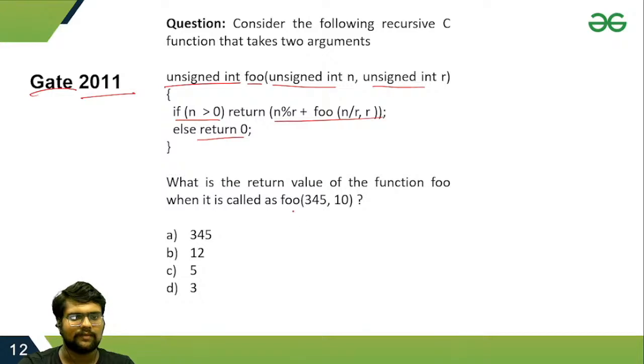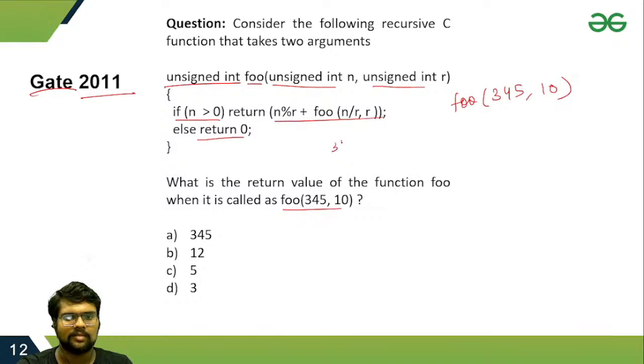Okay, now we have called foo 345 comma 10. Now n is greater than 0, so n modulus r will happen, so 345 modulus 10 will happen, and it will give the result 5, because the remainder will be 5, and we divide it by 10.